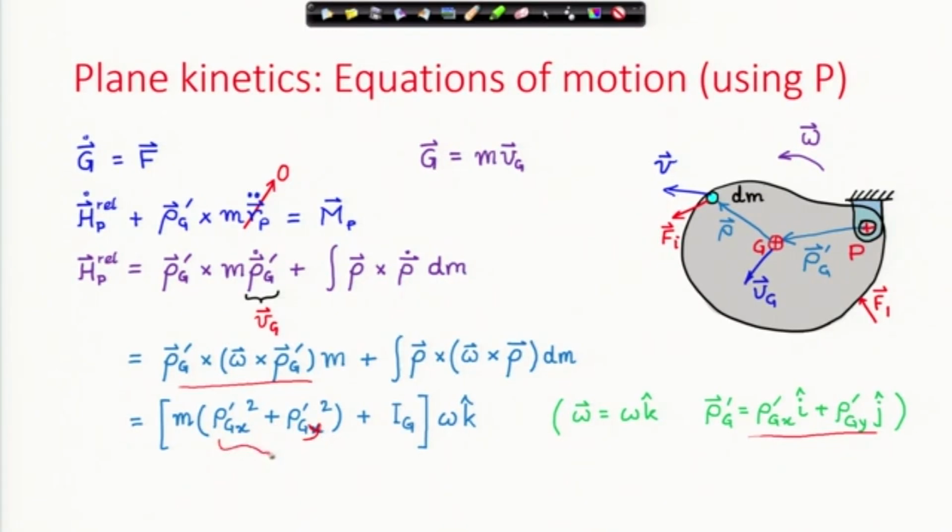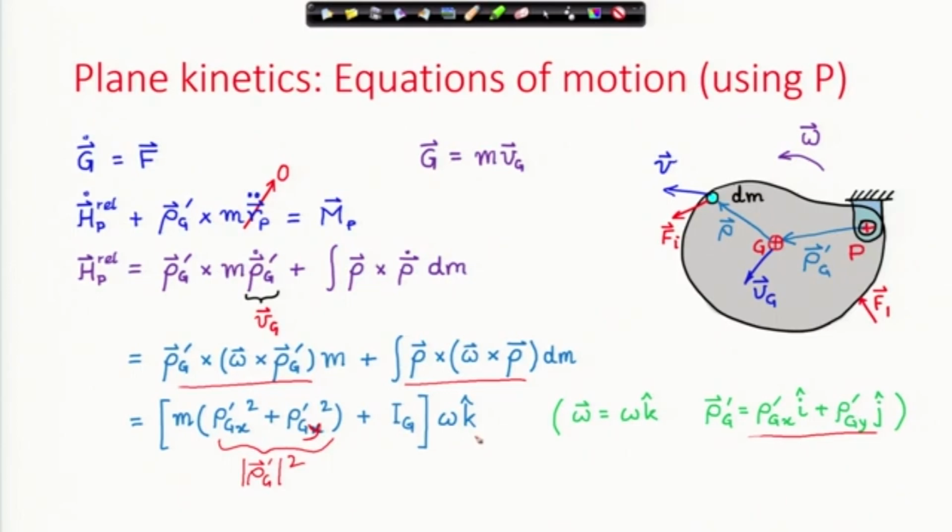This is nothing but the magnitude of the rho g prime vector squared, plus the integral gives us I g times omega.